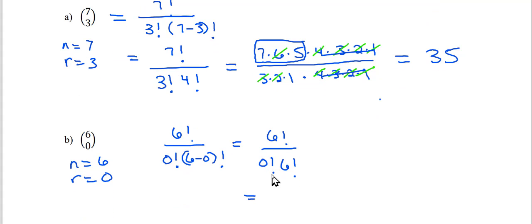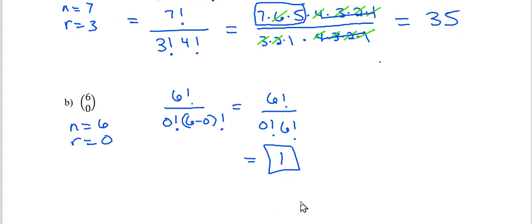We saw in the previous video, I don't think I mentioned it, but it was written on the side in the notes that 0 factorial is equal to 1. It's defined to be 1. So we just have 6 factorial over 6 factorial. 6 times 5 times 4 times 3 times 2 times 1 over 6 times 5 times 4 times 3 times 2 times 1 is going to be 1. They're equal to each other, right? Numerator and denominator. So that's 1.